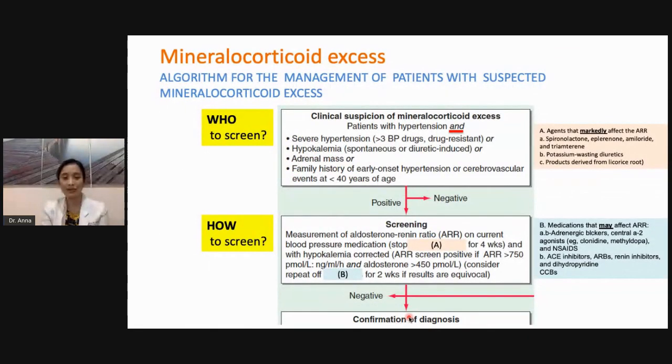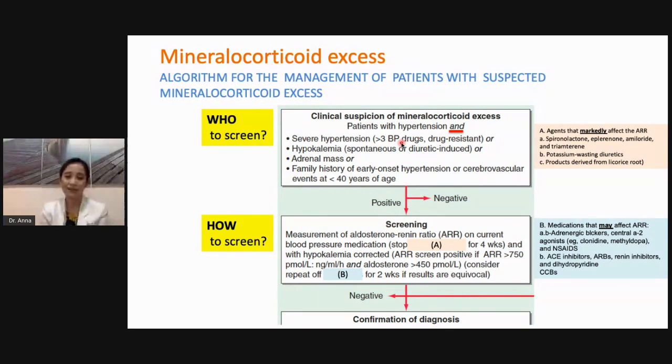So how to screen, no? At your level, this is the one that I want you to learn, who to screen, no? When do we suspect mineralocorticoid excess? First, this patient should have hypertension. If the patient does not have hypertension, then the likelihood of mineralocorticoid excess is not very high.